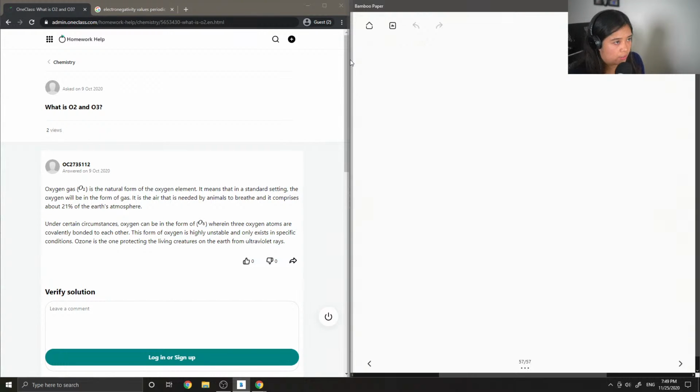Okay, so on to question 9. What is O2 and O3? Okay, so let's first talk about O2. It is 2 oxygens double bonded together, and I also showed the lone pairs on the oxygen atoms.